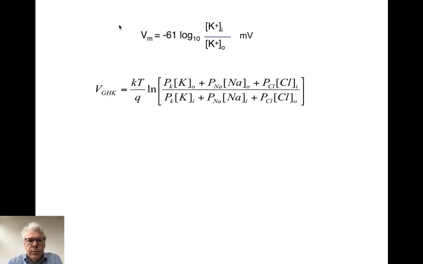We also discussed that if we have situations with more ions, here illustrated for potassium, sodium and chloride, the resting membrane potential can be approximated by the Goldman-Hodgkin-Katz voltage equation shown here.